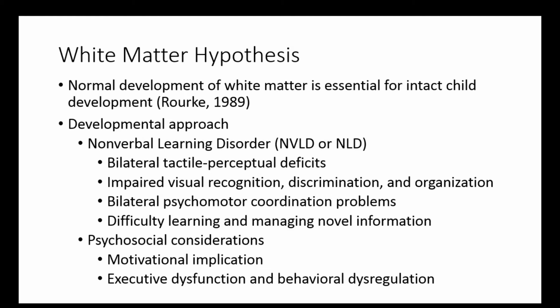Difficulty with psychomotor movements, some difficulties with learning, and also some social awkwardness, some social clumsiness that can sometimes look like some mild symptoms of almost autism at times. So difficulty maintaining friends, starting friendships, keeping friendships. All of that is really captured in this NVLD, NLD profile.